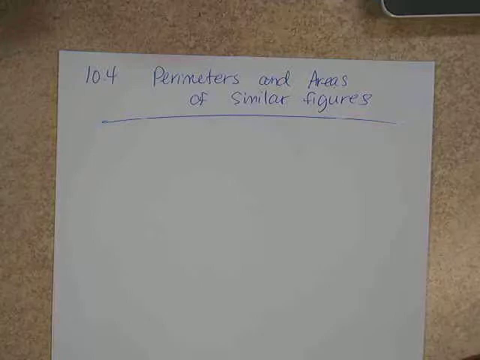If you remember when we talked about similarity and you had to find a similarity ratio, that was based on length, right? We took a length on one shape and set up a ratio with the corresponding side on the other shape. We simplified the fraction and said, here's our similarity ratio.